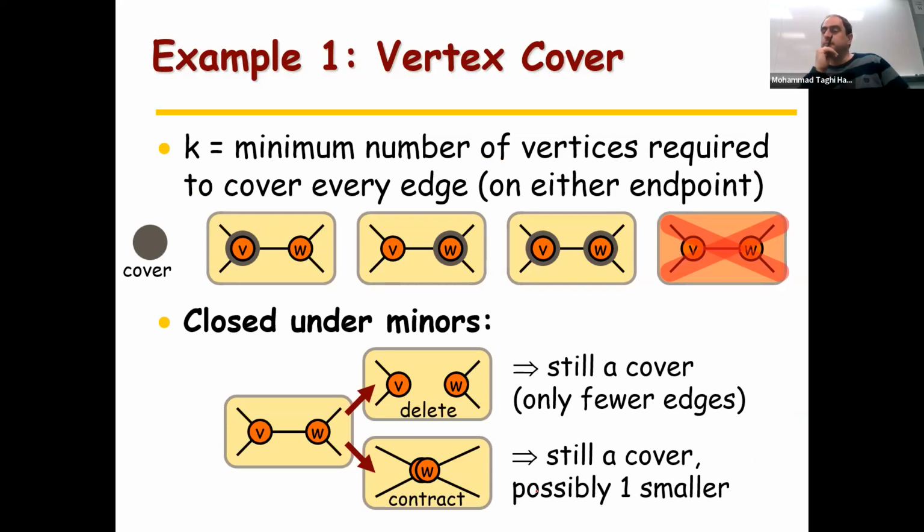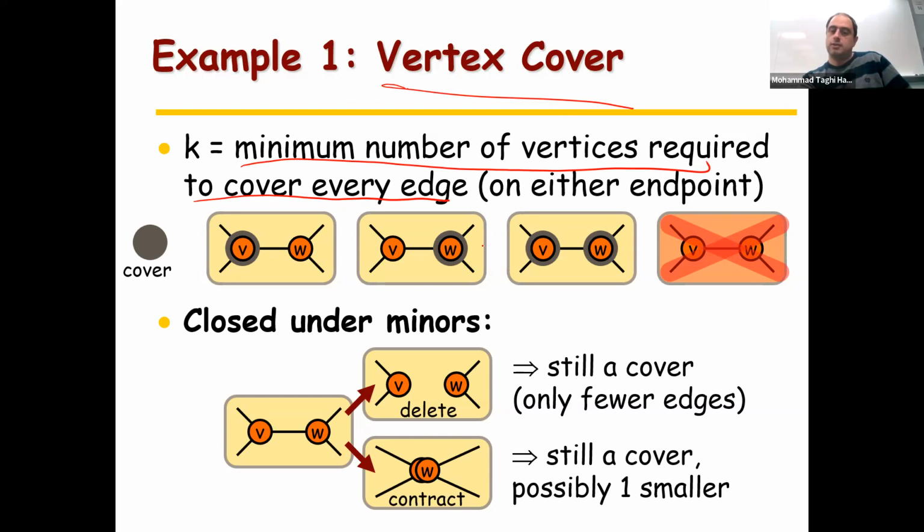Let's see this example. K is the minimum number of vertices required to cover every edge on either endpoint. This is the vertex cover definition. For now we are talking about unweighted graphs, so K is essentially the size of the optimum solution. Here is an example.